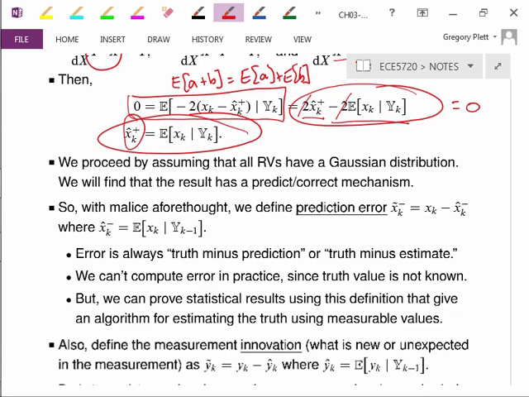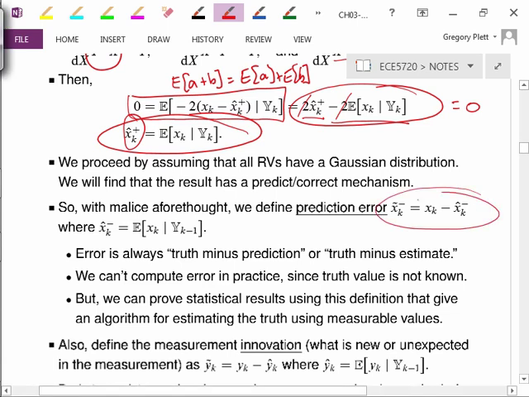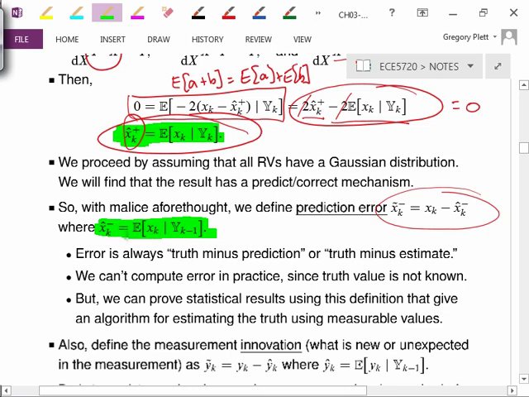So with malice aforethought, in other words, I've done this before, so I know that it's going to work, I'm going to define a prediction error, x tilde k minus, the minus tells you it's a prediction and the tilde tells you it's an error, so that equals xk minus x hat k minus. So this is x hat k plus, that's an estimate, this is x hat k minus is a prediction.